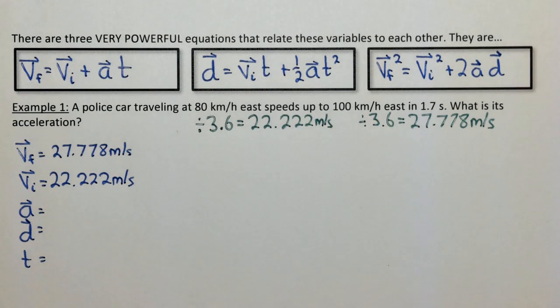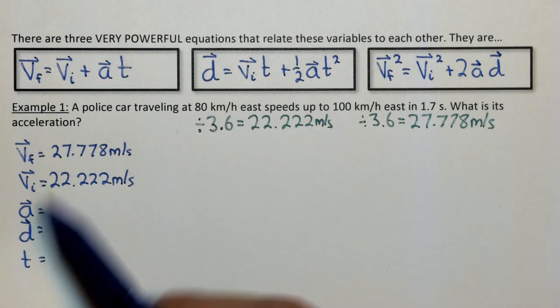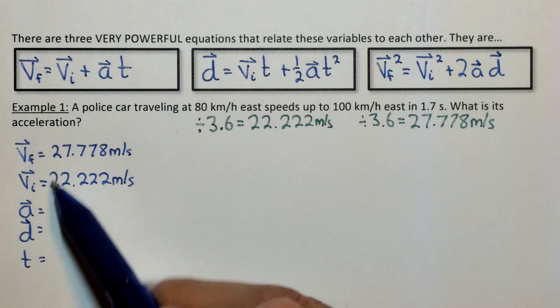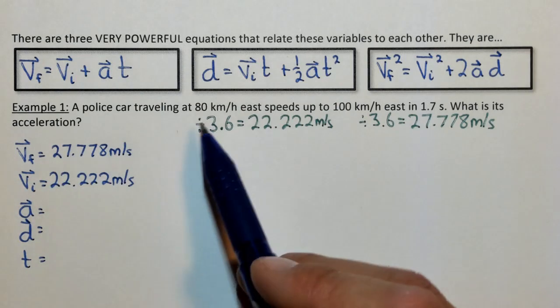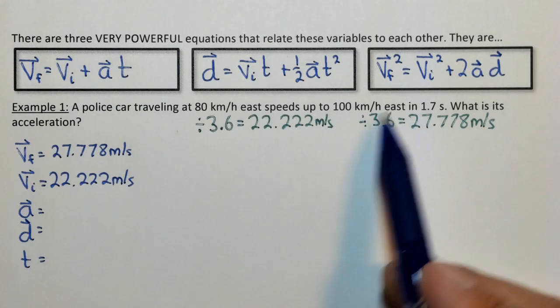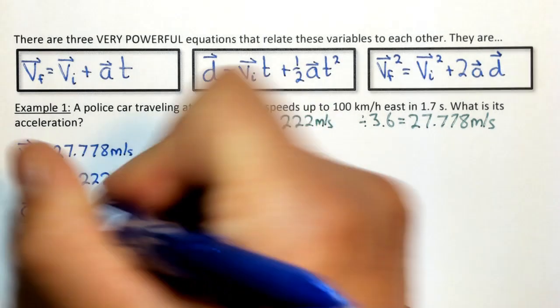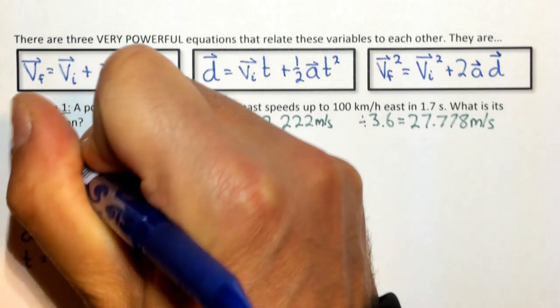And since these both have vector hats, direction is important. I have to think, are these positive or negative numbers? Well, I think we can assume that in both of these situations, the police car is traveling forward. So I would call these both positive. I'll squeeze in some positive signs here for both of them.